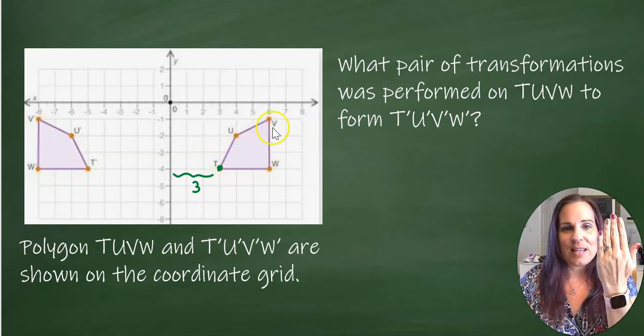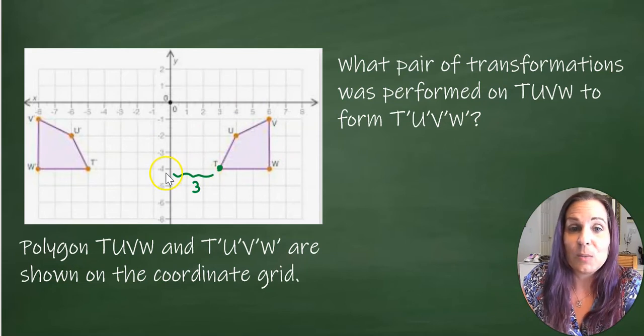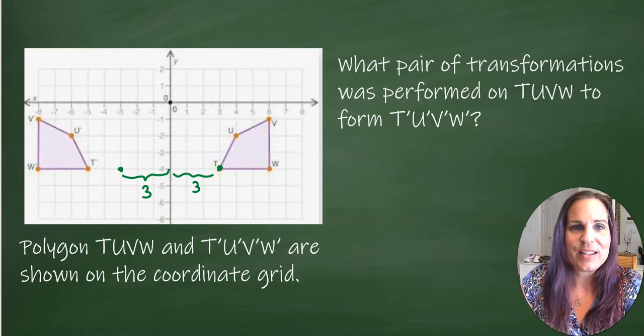But if I were to take this figure here and flip it over the y-axis, then we know, because we have studied reflection properties, that it would be 3 units away. So it would be right here, right? But it's not. It's 2 more units to the left. So let's do the reflection first.